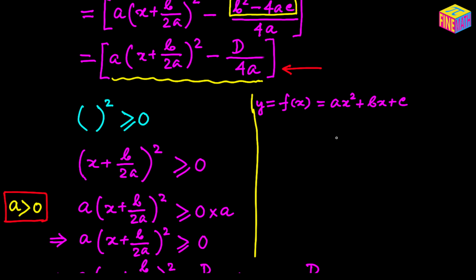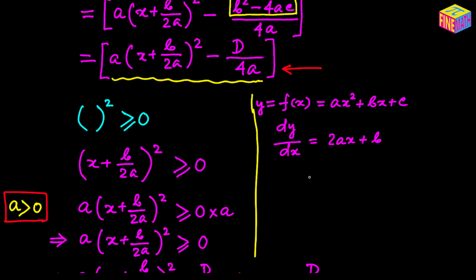Now if we take a derivative with respect to x, the slope of the tangent at the vertex will be 0 because the tangent will be horizontal. If you know calculus, then you can do it like this. dy by dx will be equal to 2 times ax plus 1 times b. That will be the derivative.